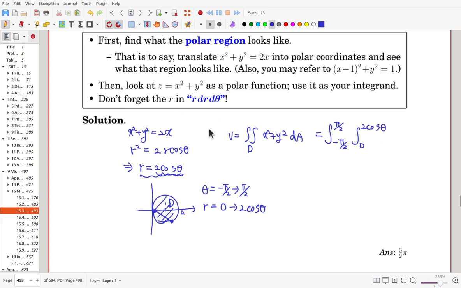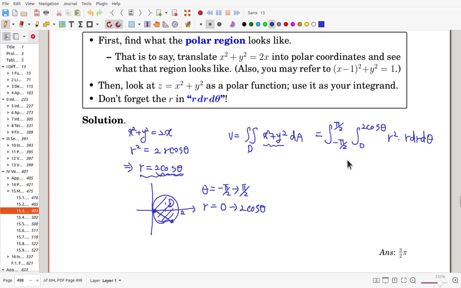The integrand x squared plus y squared in polar coordinates is r squared, and dA is r dr d theta. That's the formulation, and now we have to calculate.